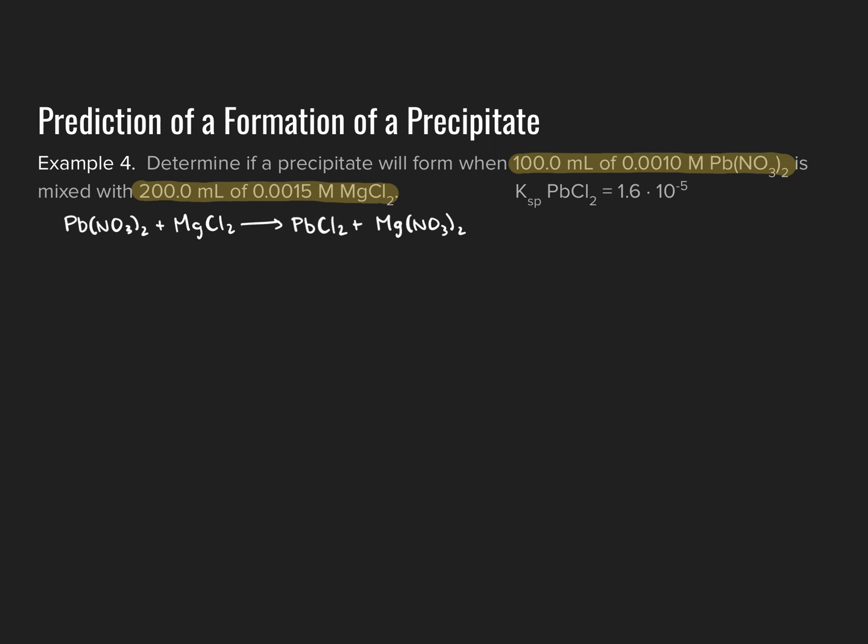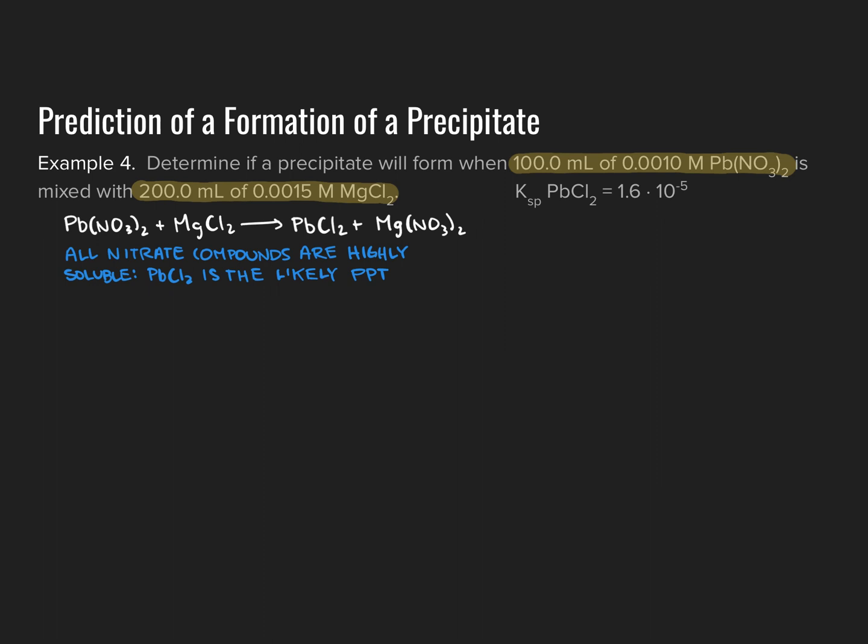Now, from our discussion of qualitative solubility rules earlier in the year, recall we told you that one of the things the AP test requires you to just know is that all nitrate compounds tend to be highly soluble in solution, implying I do not expect to see the formation of magnesium nitrate as a possible precipitate in this system. Really, the thing that I'm interested in here is the lead 2 chloride, PbCl2, recognizing again that many lead compounds tend to be generally fairly insoluble. So I'm going to focus my attention here on the lead chloride as the possible precipitate from this system.